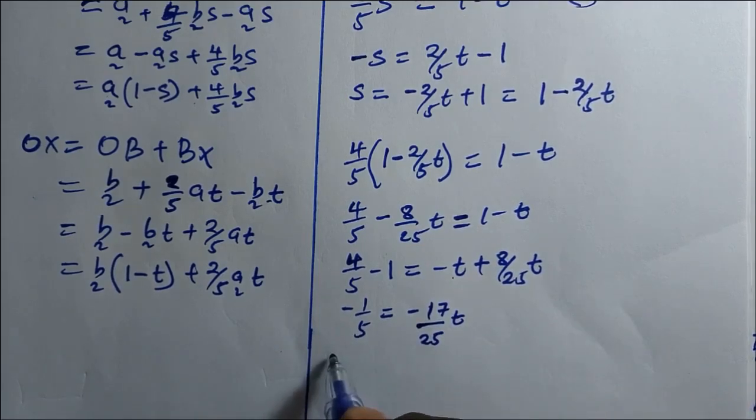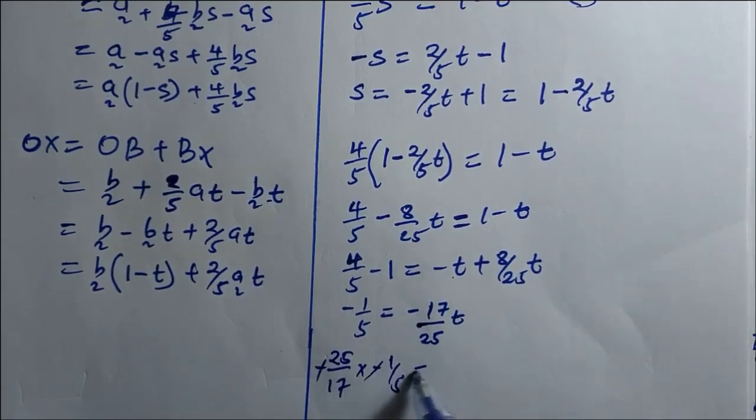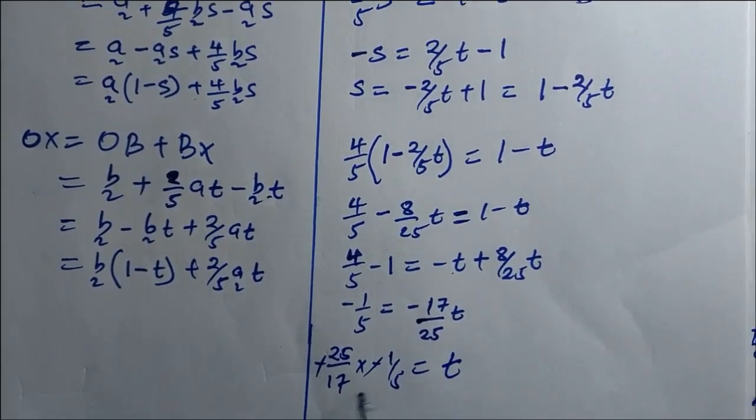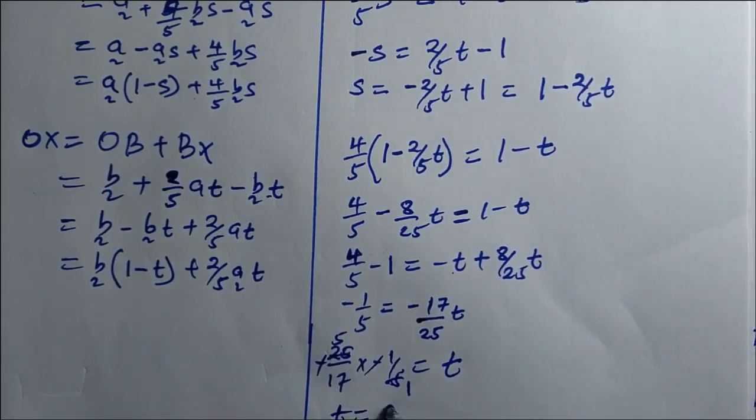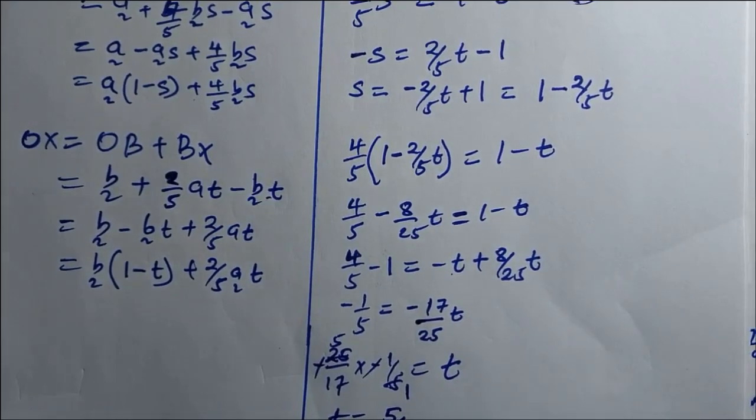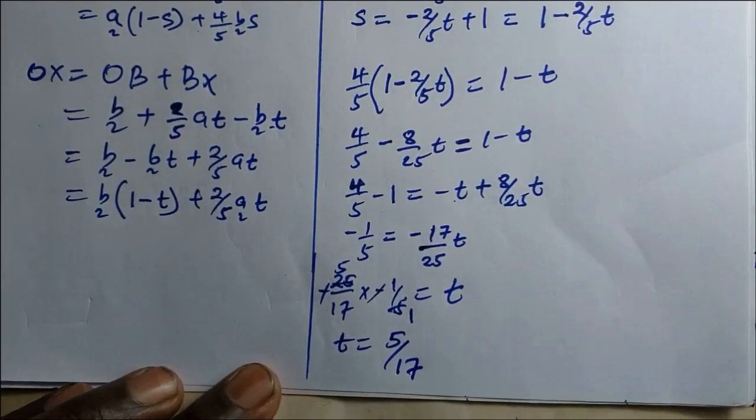The reciprocal will be 25 over 17 times negative 1 over 5, and negative will go, and this one will remain t. So 5 here once, here 5. So t is equal to 5 over 17. That is our t. Our t is 5 over 17.